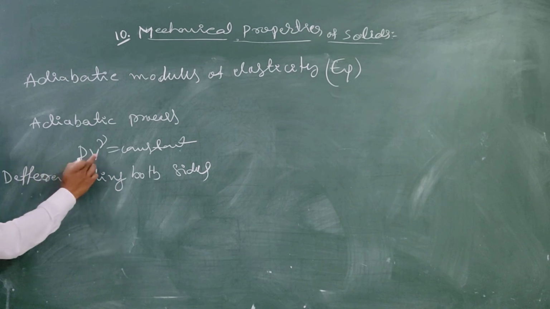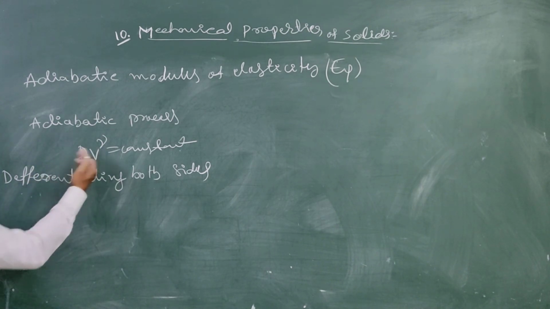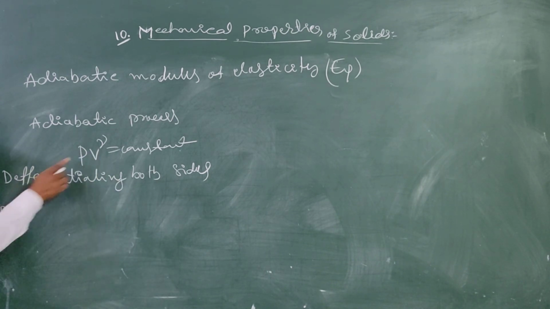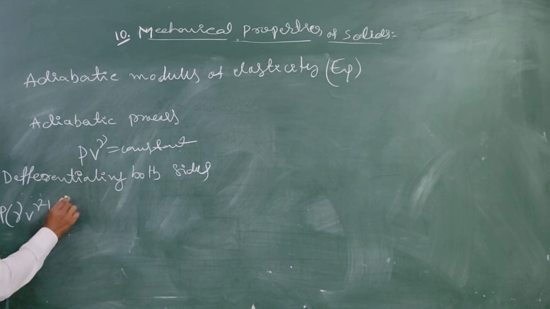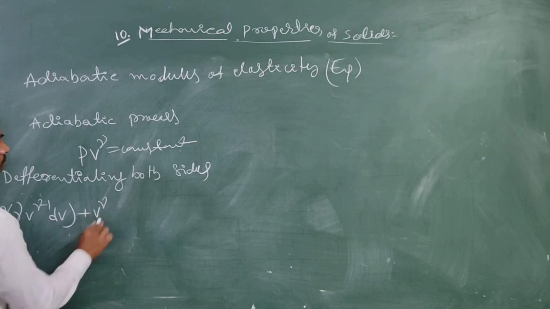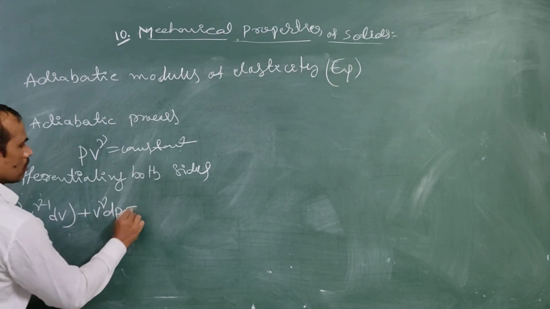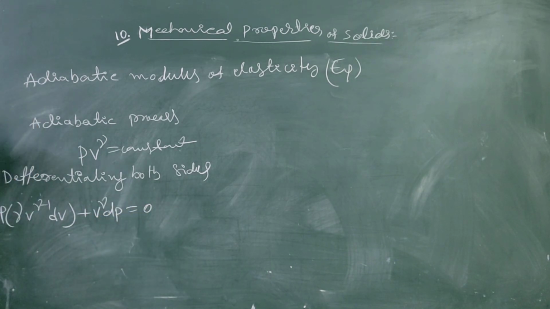Now first of all, P is constant here, so gamma V power gamma minus 1 dV plus, V power of gamma is constant here, dP, that is equal to 0.